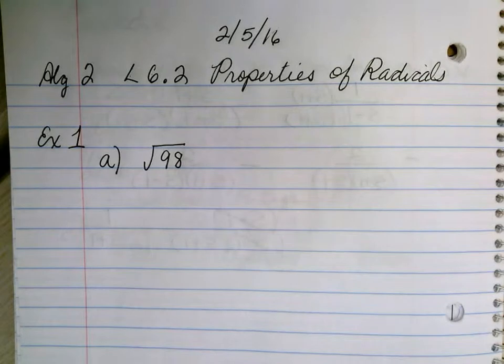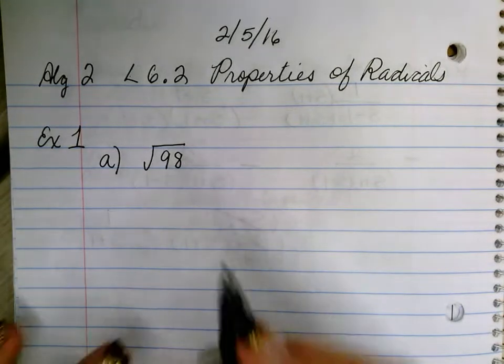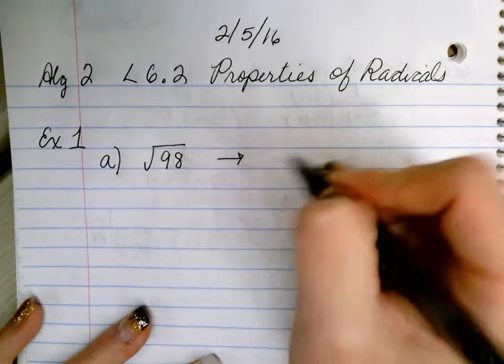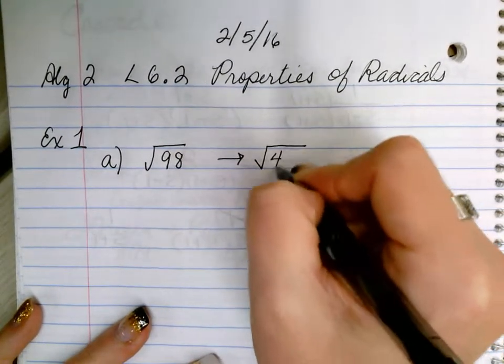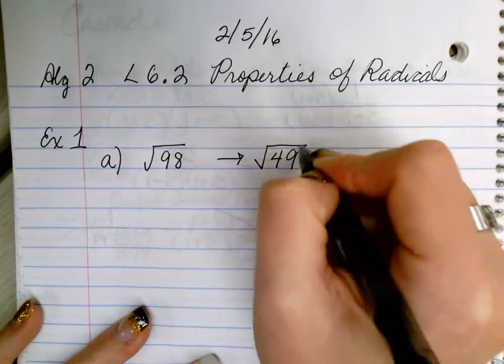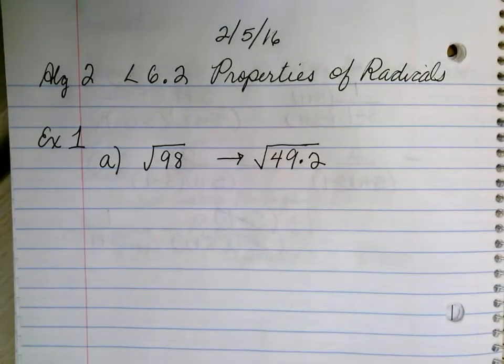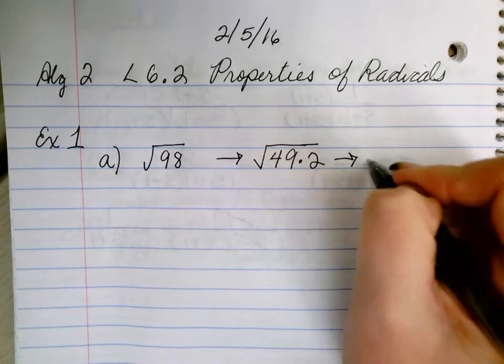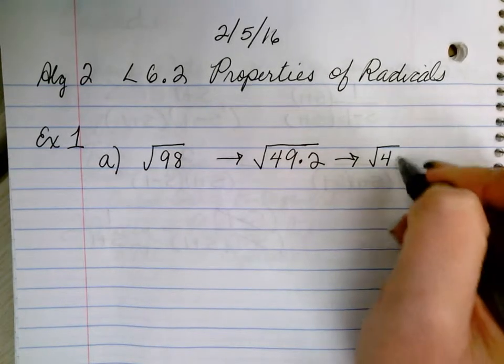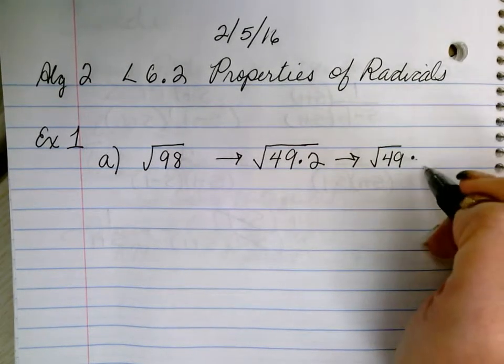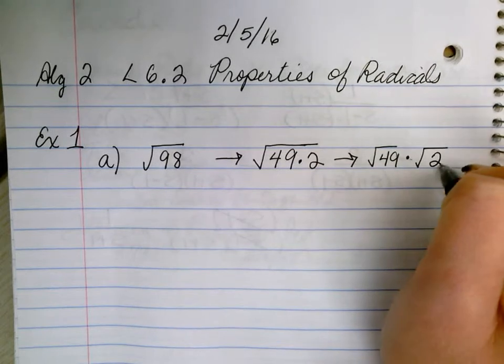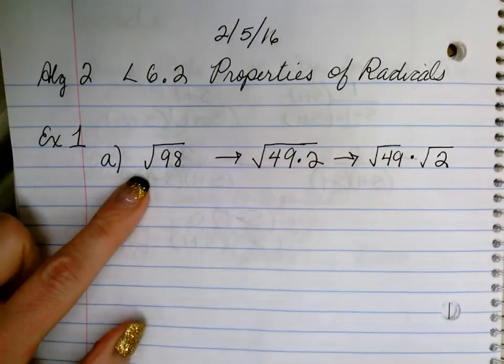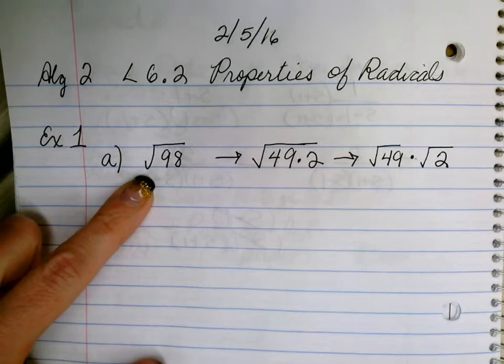Now, you might look at this and say, I don't think that's a perfect square, Mrs. Myers. No, but are any of its factors perfect squares? Well, let's hunt around. The number 49 has a perfect square root, so you can determine that whatever the square root of 49 is, multiplied by whatever the square root of 2 is, would indeed give you whatever the square root of 98 is.